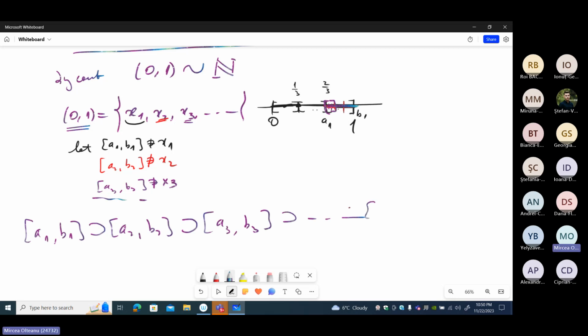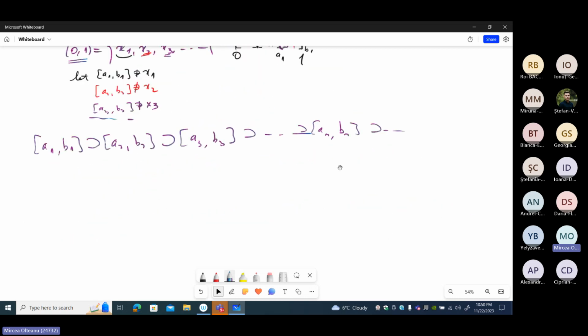Here we have An, Bn, and so on. So we have infinitely many closed intervals, and each one is included in the previous intervals. And x1 is not here, x2 is not here, x3 is not here, and so on.